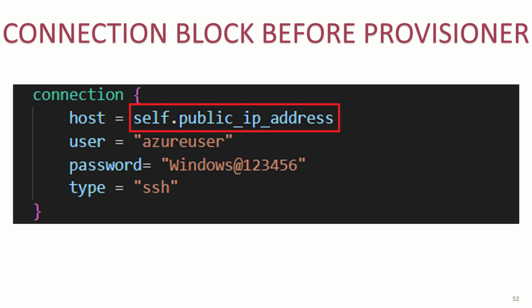We'll connect to that host using an SSH connection with the username and password provided. In the case of host, we need to use the self object. Self means the resource that is being created, and we use the public IP address of that particular machine. By using self.public_ip_address, it will automatically take the IP address of the newly created VM and perform further actions on that VM.